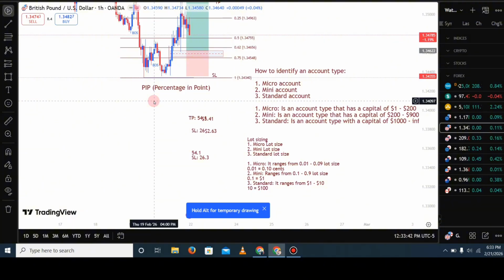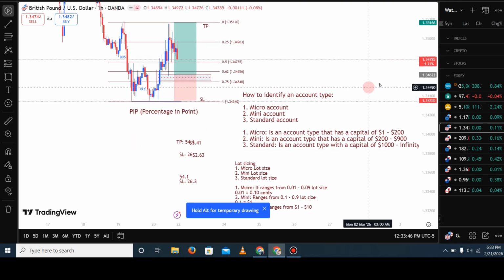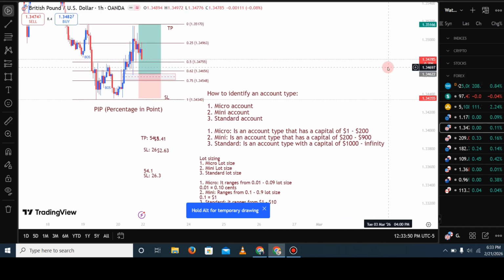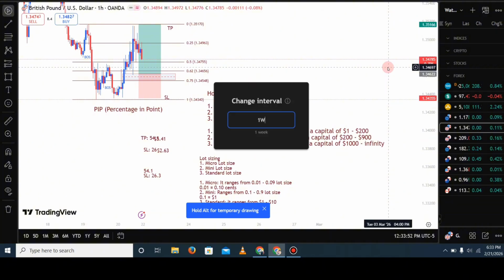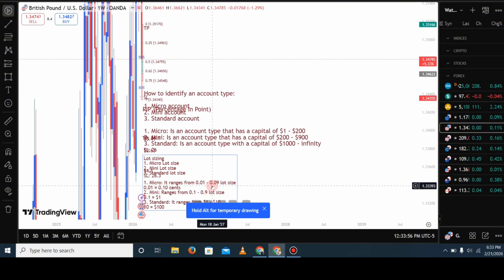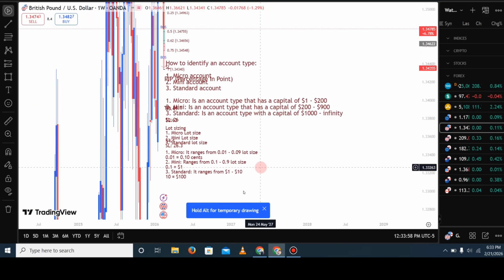I've discussed and explained how to identify and use a time frame. So if I'm starting, usually I like to start from the weekly. Sometimes I even go for the monthly. So this is GBP USD.